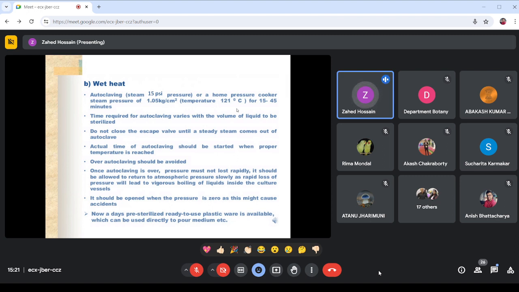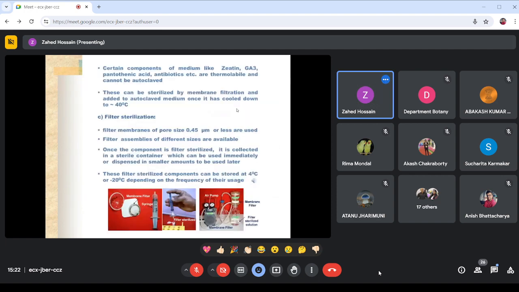The time depends, 15 to 45 minutes, and the volume of the media is also very important. Based on that, you can adjust your autoclave time. If it is a very large vessel or a large quantity of media, usually 30, 35 or 40 minutes is used.